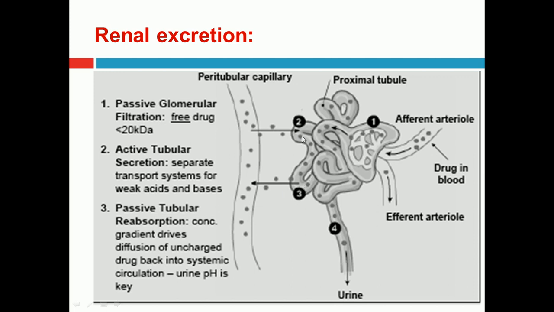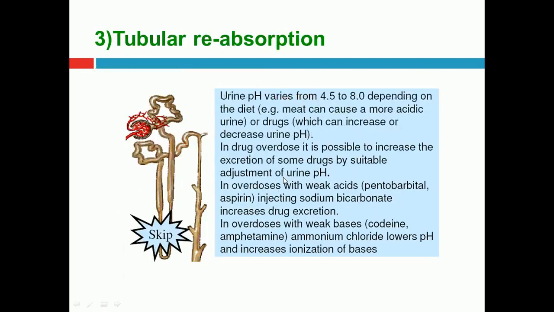For example, an acidic drug is being taken, so we can give a glass of alkali or base which the patient can drink. Ultimately this can cause urinary alkalinization, meaning the pH of the urine is on the basic side. So the drug is acidic, the urine is basic, so the drug will be ionized, and ultimately it will hinder the passive tubular reabsorption.